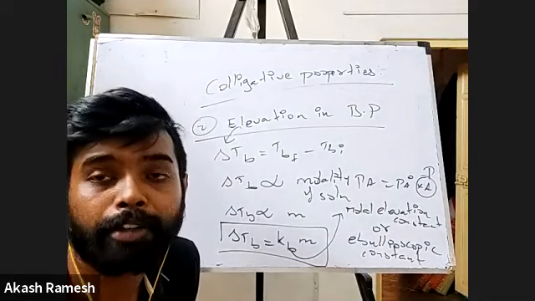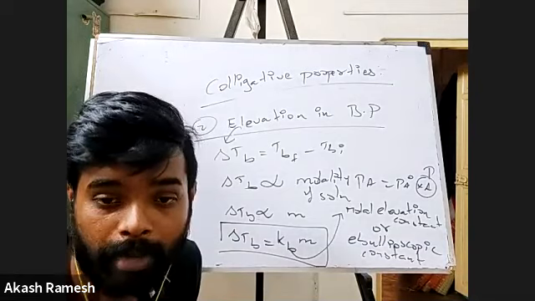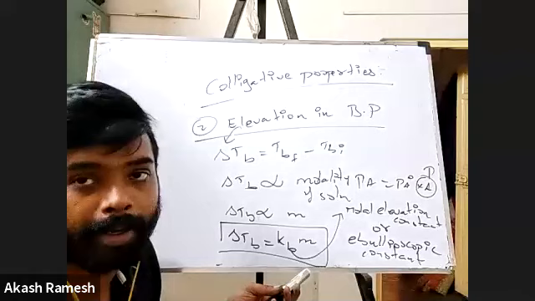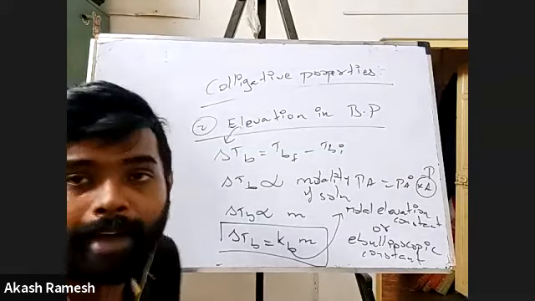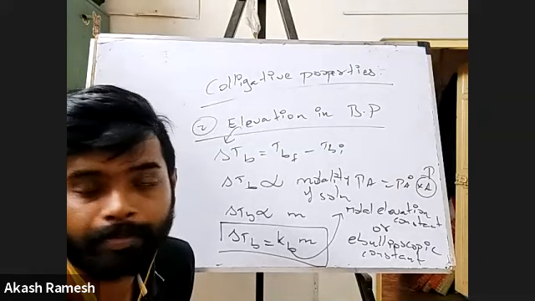And this will be different for different liquids. Water will have some value, benzene will have some other value, ethanol will have some other value. So this is liquid dependent. Depending on what type of liquid you use, accordingly the value will be given. And it will be given in the questions, don't worry. You don't have to remember anything.